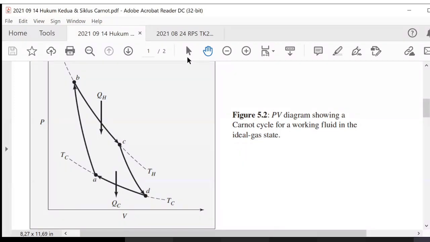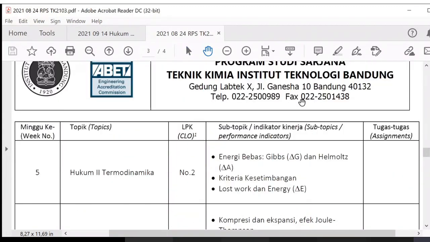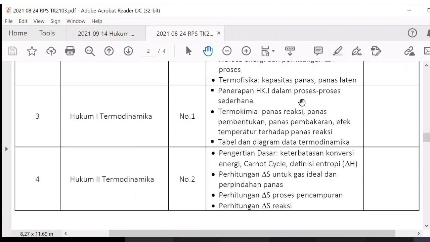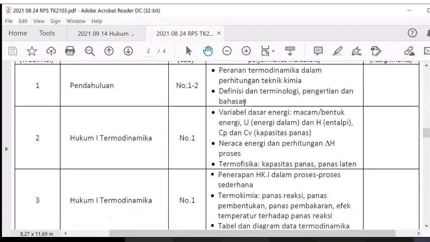Okay, if there is no question, I would like to go quickly to check where we are right now. This is the course content of the thermodynamics. The first week, second week, third week. We are now on the fourth week.